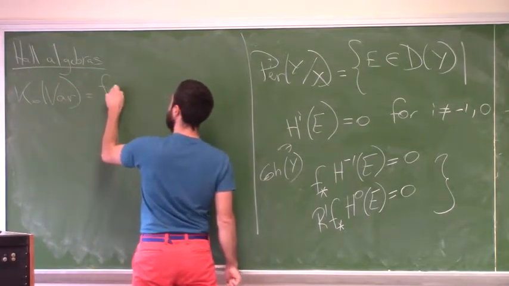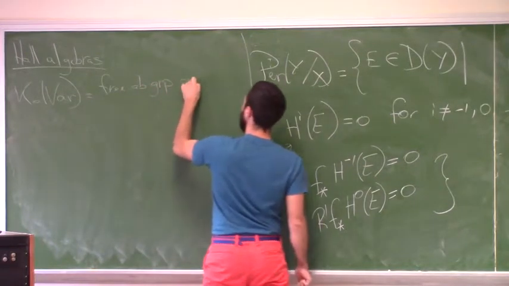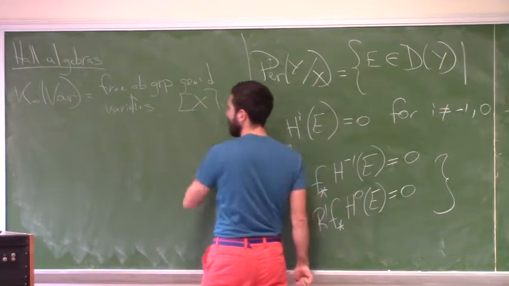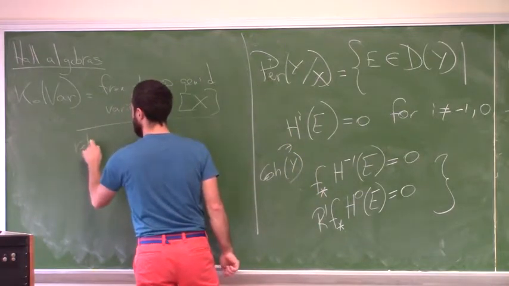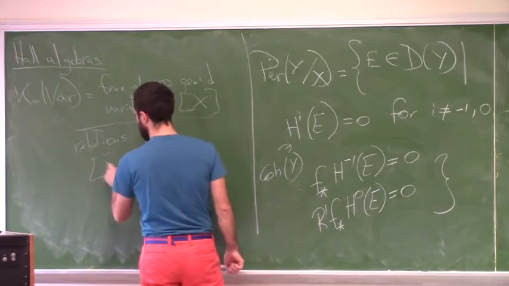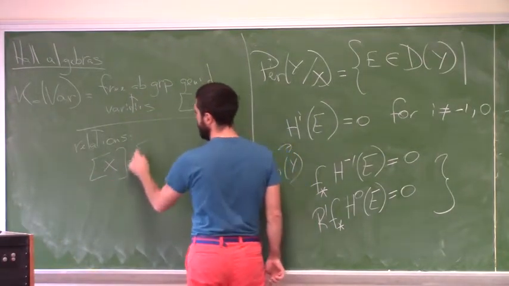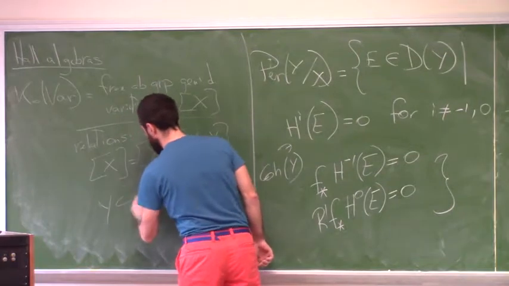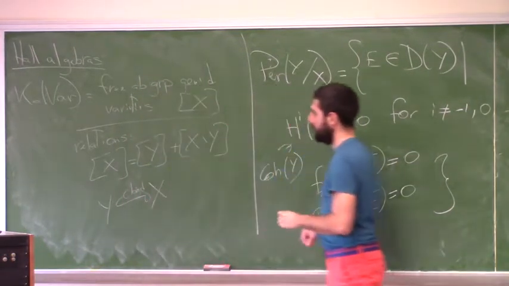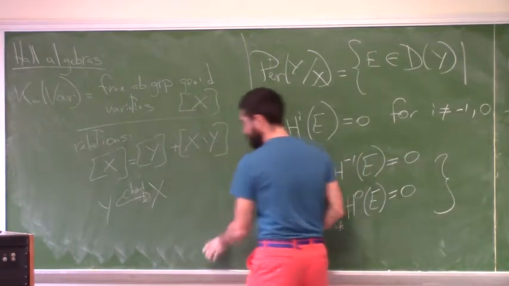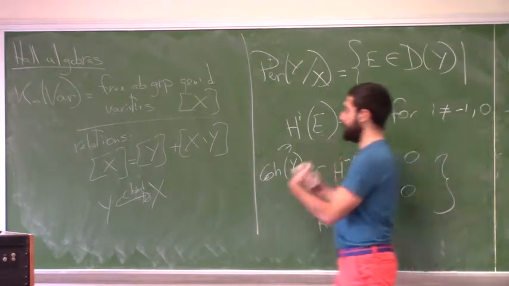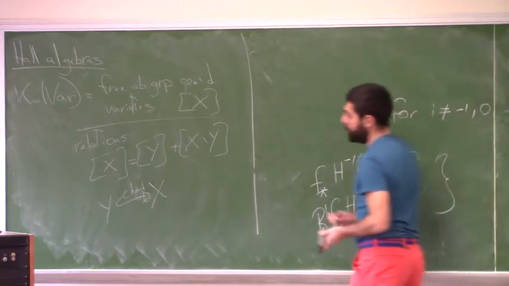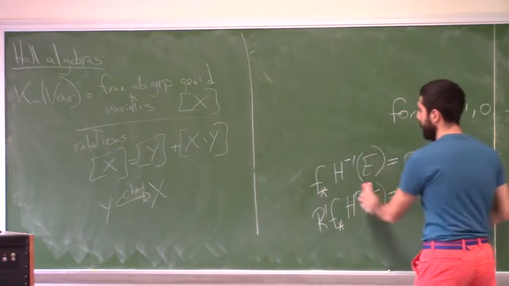It's the free abelian group generated by varieties X, subject to the relation which says that the class of a variety X is the same as the class of Y plus the class of the complement, for Y a closed subvariety of X. This is a very interesting ring, and there are many questions one can ask about it, whereas the ring structure is coming from the product of varieties, but we won't really need it.